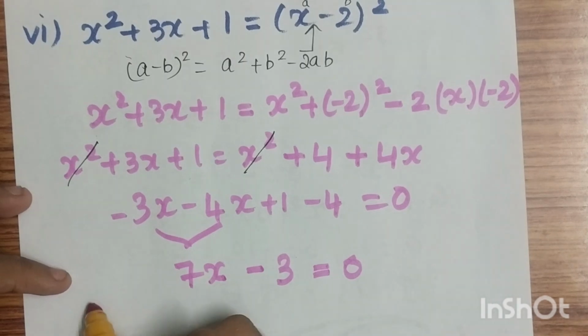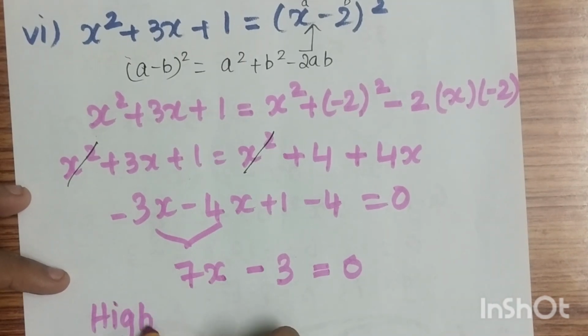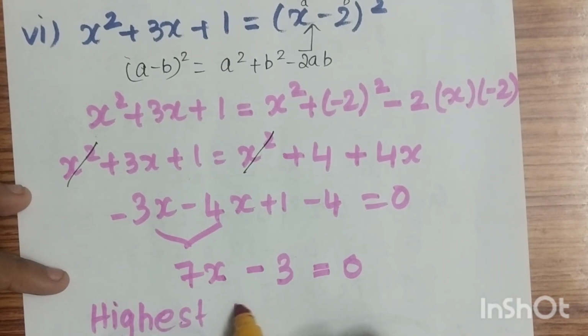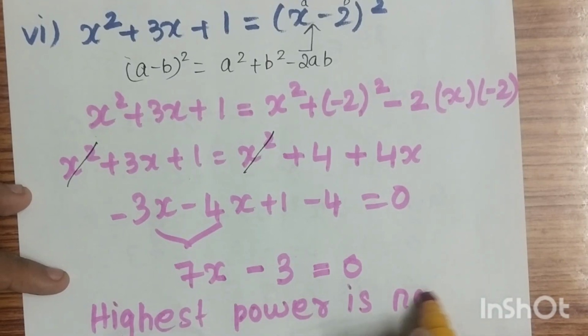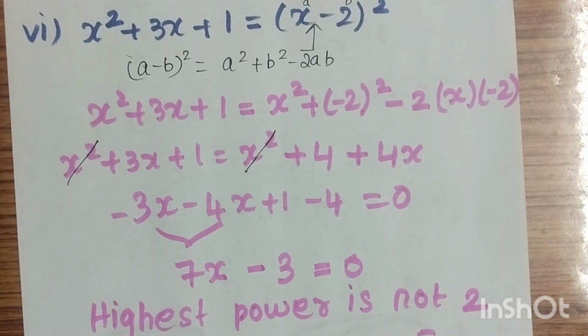Here the highest power is not 2. So it is not a quadratic equation. Okay, so now moving on to the seventh sum.